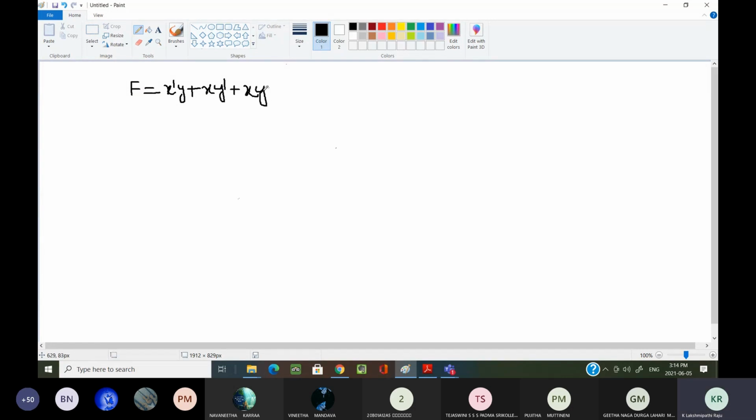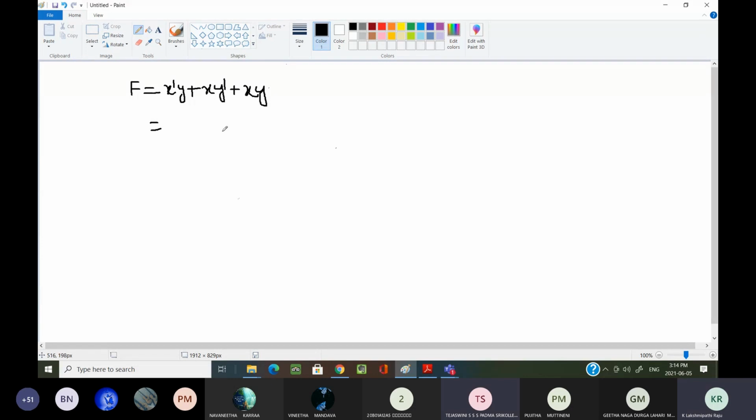This is the simple expression I can consider as an example. Now, by using Boolean algebra rules and theorems, what is the minimized expression? What are the steps we need to follow? Can you tell me what I can do from this expression?